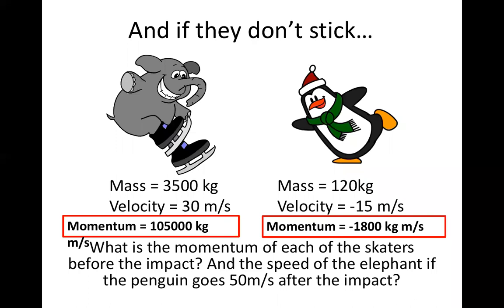No, after collision. What is the velocity of the elephant after collision? 105,000 minus 10. What? Read the question. 30 meters per second is the velocity before collision. After collision, plus 50. Read the question.